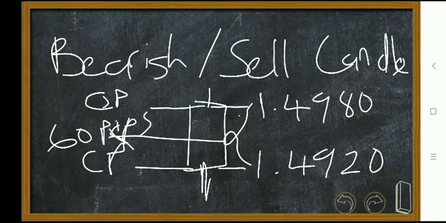So this is a bearish candle. The closing price is lower than the opening price. It means there were more bears or there were more sellers for this candle. They pushed price down until the close of this specific candlestick. Sorry for that.